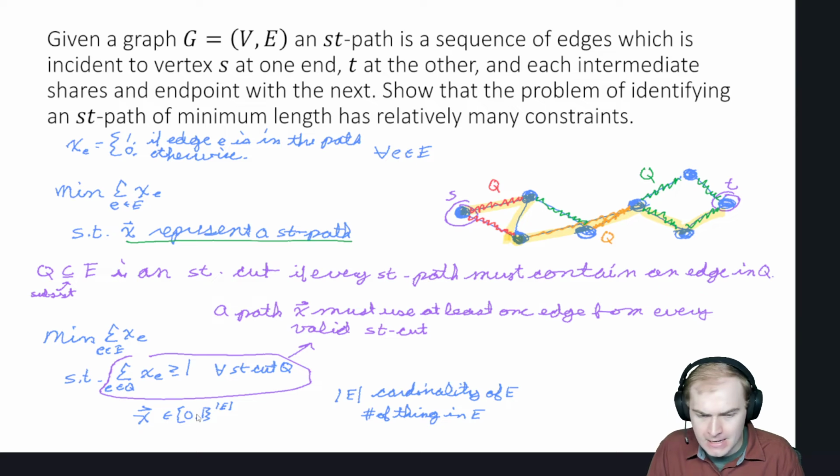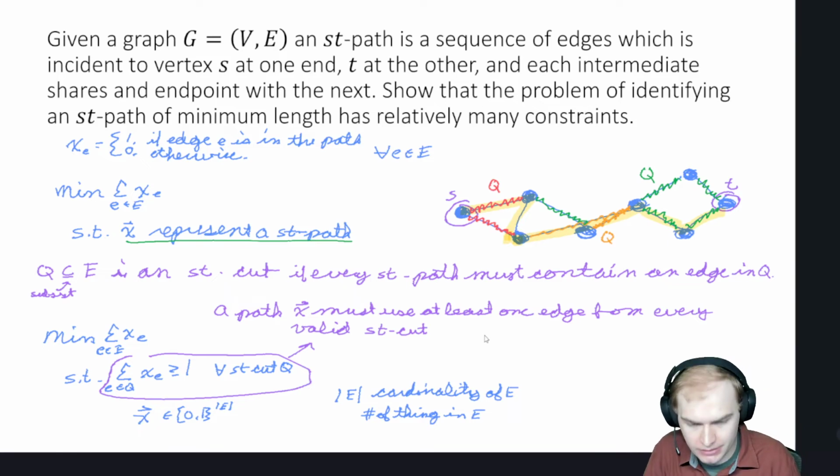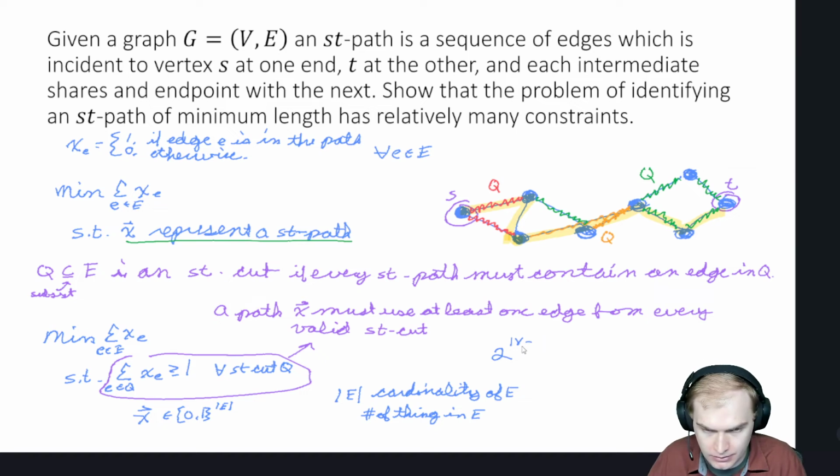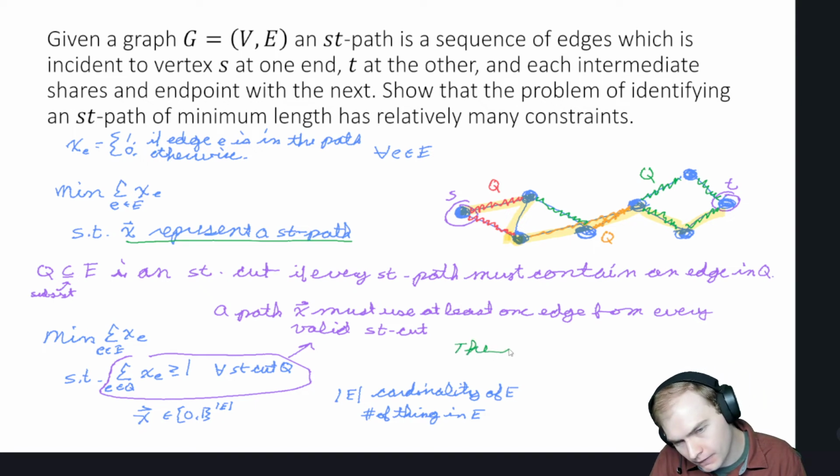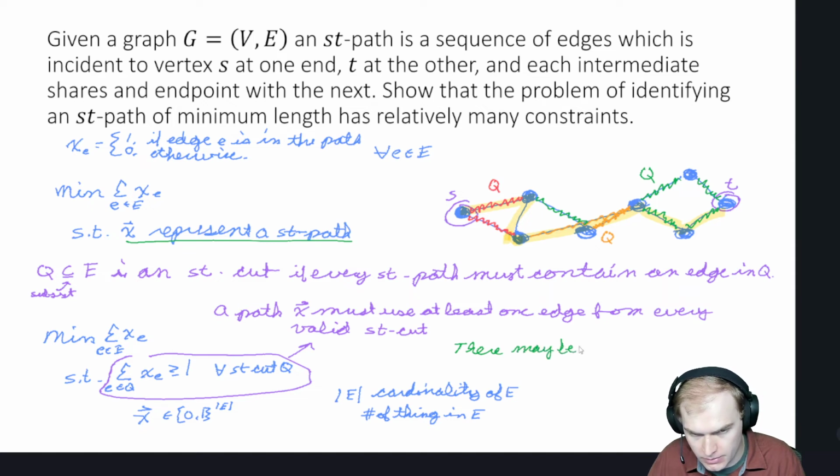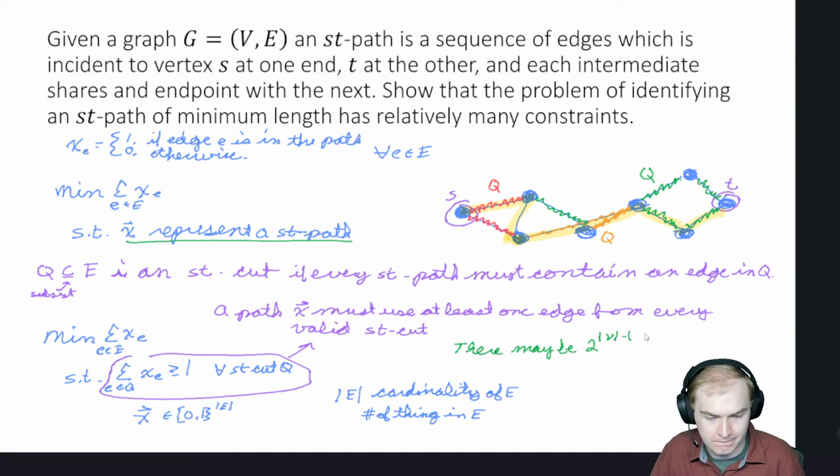So the problem with this formulation is that there are something like, let me use a different color, maybe 2 to the cardinality of v minus 1 s-t cuts.